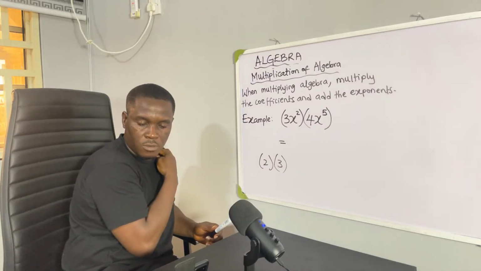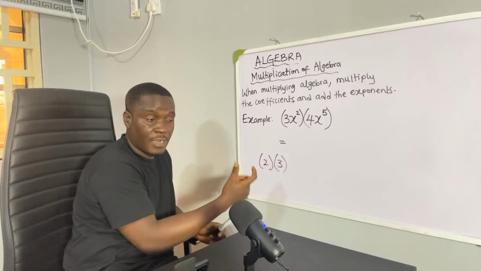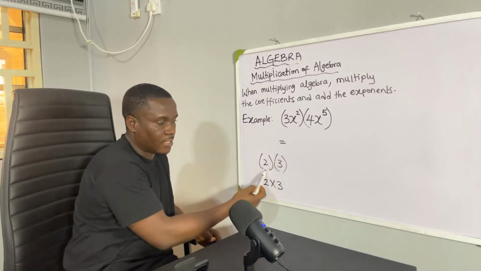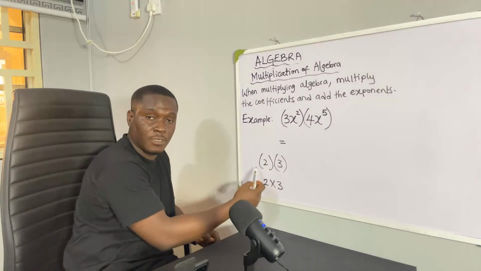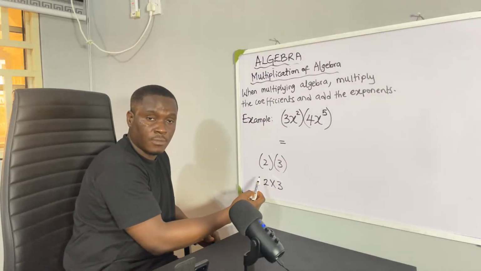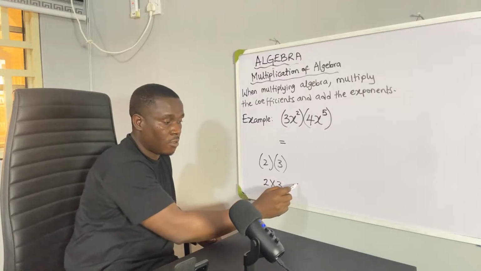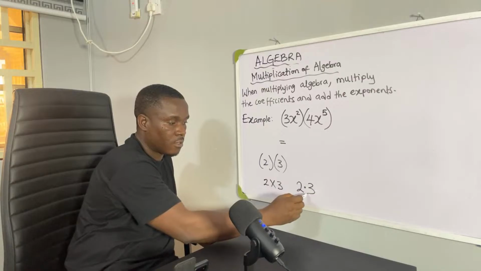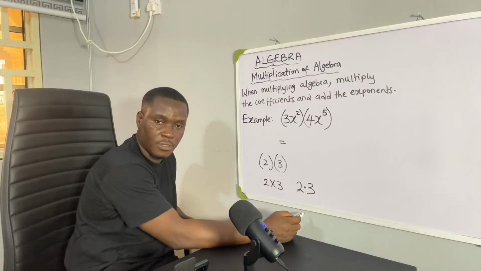Can you say that one more time? Another way of writing, instead of me writing 2 times 3, I can write it like this. This still means 2 times 3. Oh, because of the brackets. Yeah. Or I can write it like this. It's still 2 times 3.